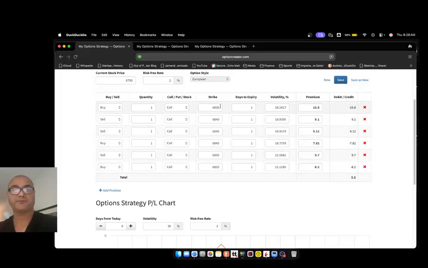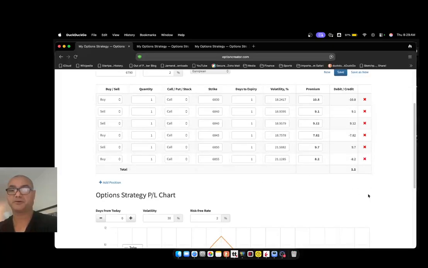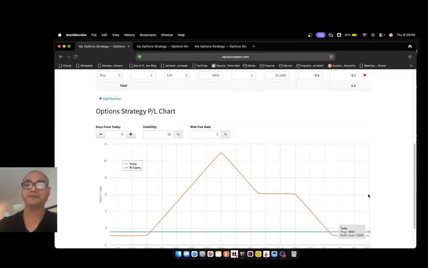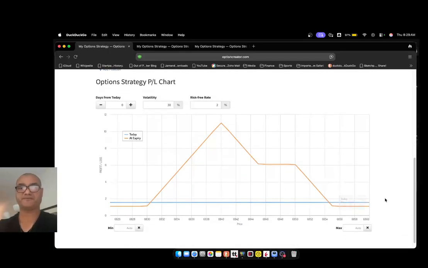So the 30-40 10 wide vertical ended up costing me 170, and then I brought in credits of 130 and 150. So now I have a total credit on the trade of $1.10.